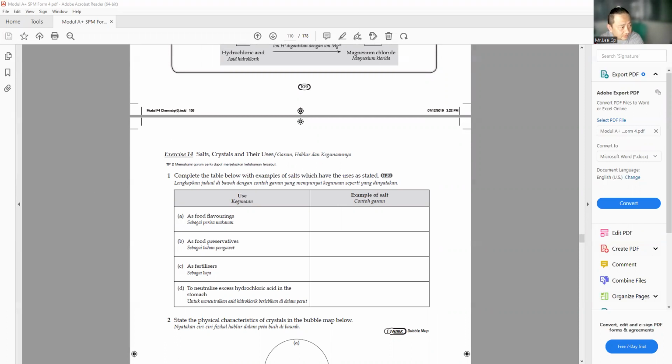So we discuss some and then we try and do. First of all, complete the table below. Tell me the use as a food flavouring, an example of the salt. You still remember? You add a bit, it tastes nice, the food flavouring you eat every day.